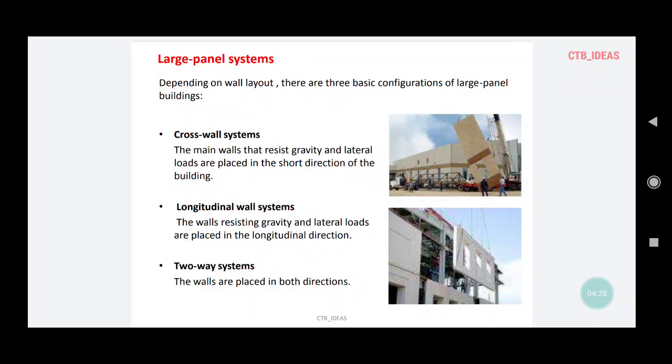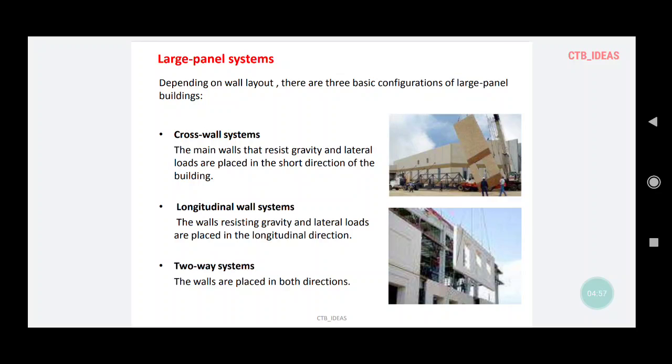It is very important to understand this concept of large panel systems. If the building is rectangular, you have a shorter direction and a longer direction. You get the concept of span in the shorter direction.